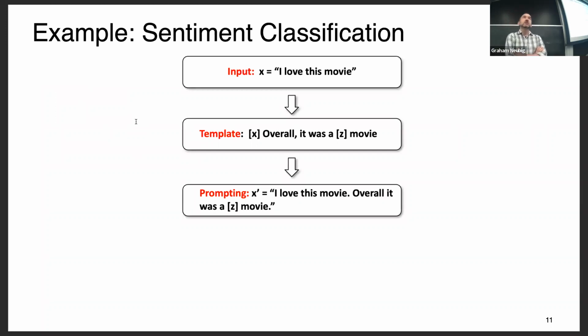We have our input X, and then we have our prompt template, where our prompt template has a slot for X and Z. And after we have filled in the prompts, we can call this a filled prompt, we get X prime. And so we start out with our input, I love this movie. We have our template, X, overall, it was a Z movie. And then X prime becomes, I love this movie, overall, it was a Z movie. And the idea is that we can then ask the language model to predict the Z, and that would allow us to make a prediction.